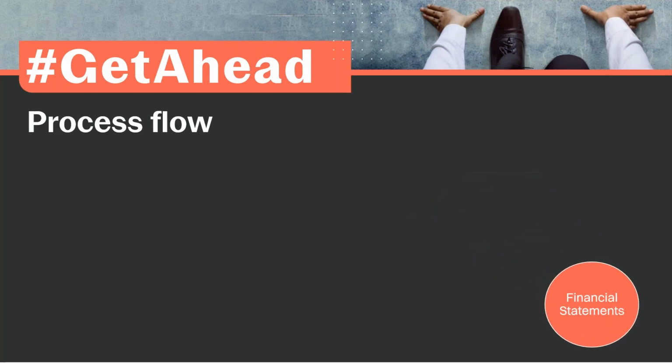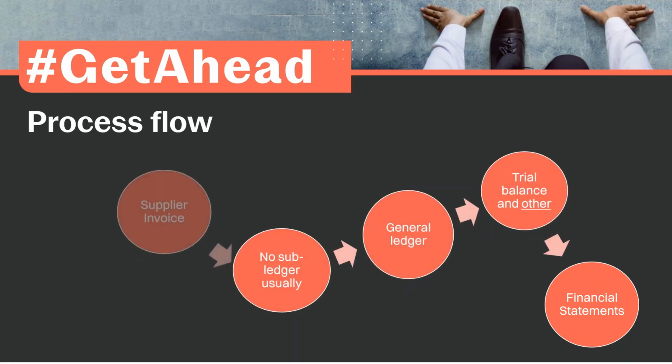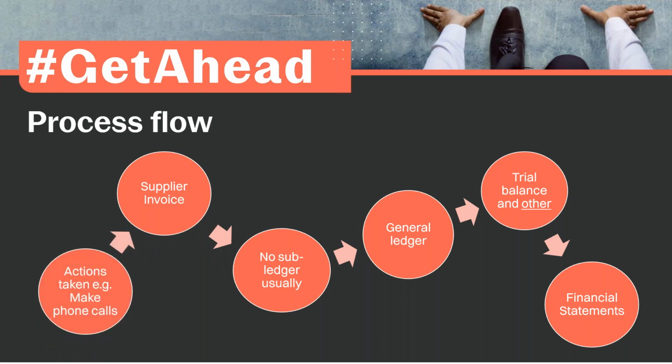So just to orientate us a little bit, we have this process flow slide once again, which some of you will be familiar with. Others, don't fear, I'm about to go through and explain the whole thing. If you start all the way on the right-hand side of the slide, you will see we have financial statements. As auditors, we are auditing the financial statements.